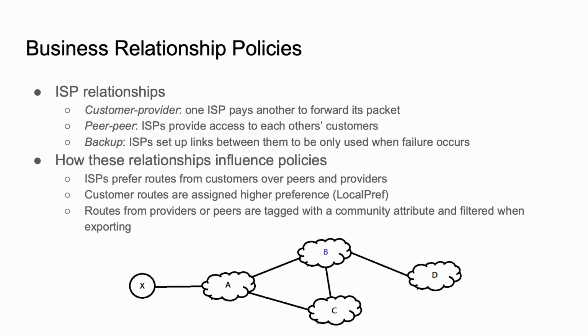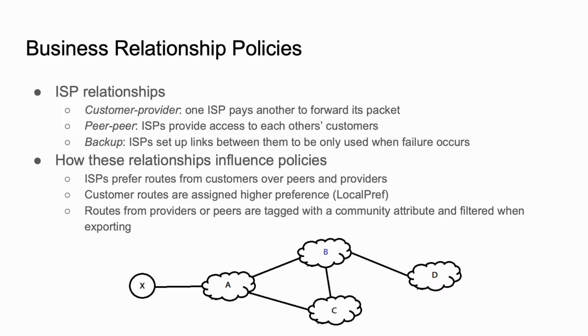Generally, ISPs select routes that adhere to their relationship and agreements with neighbors. The three relationships we will look into are customer-provider, peer-peer, and backup relationships. In the customer-provider relationship, one ISP pays the other to forward its traffic.